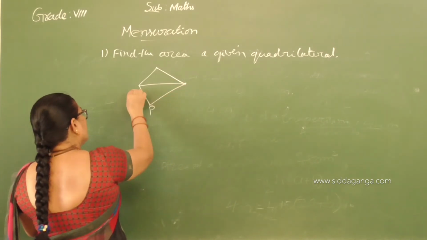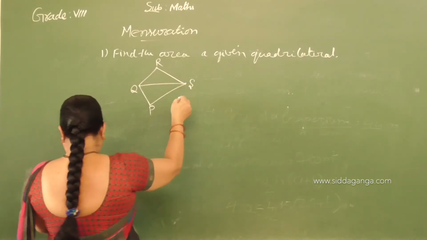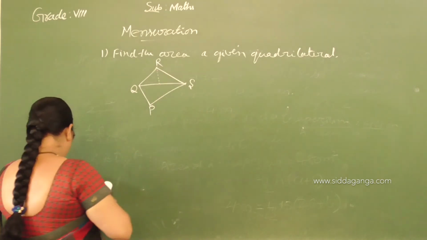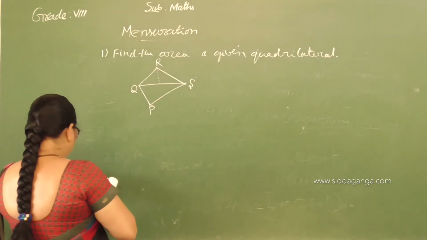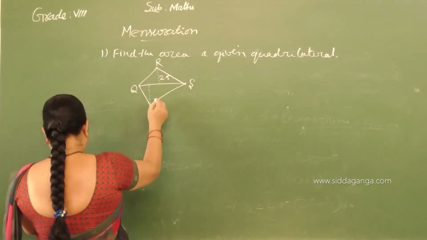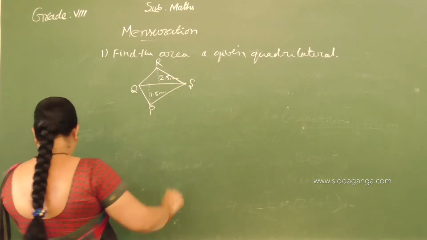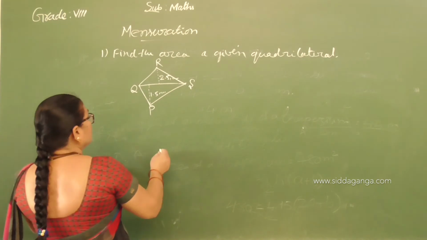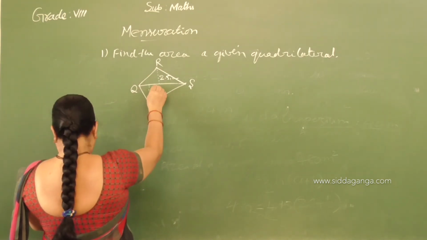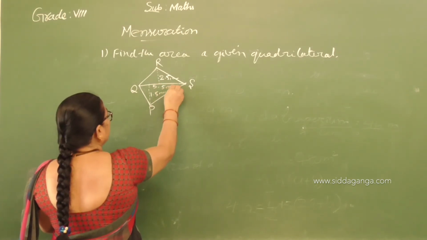H1 is equal to 2.5, this one is 1.5 centimeter, and QS is equal to 5.5 centimeter.